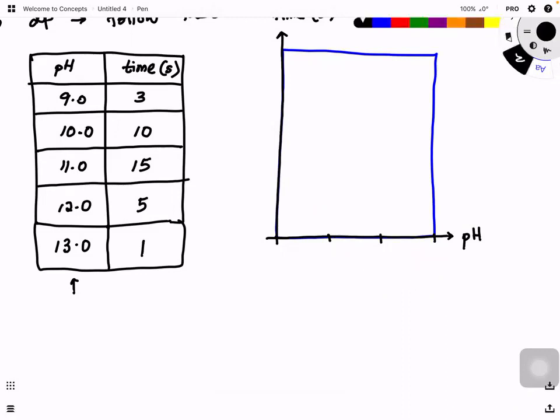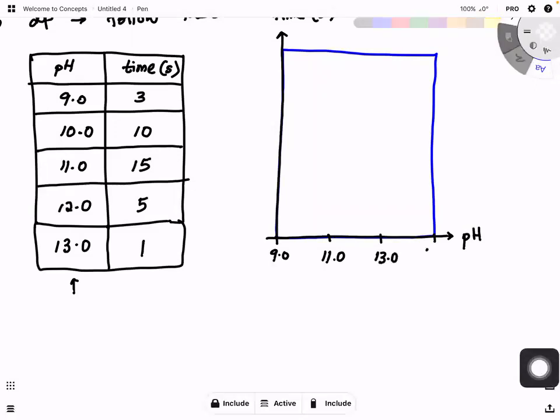Let's say I change it to 9.0 every 2 units. 2 centimeters to 2 units is allowed, right? So 2 centimeters for 9, then 11, 13. 9, 11, 13. Can you see that? So I will cover more than half already. Are you clear?